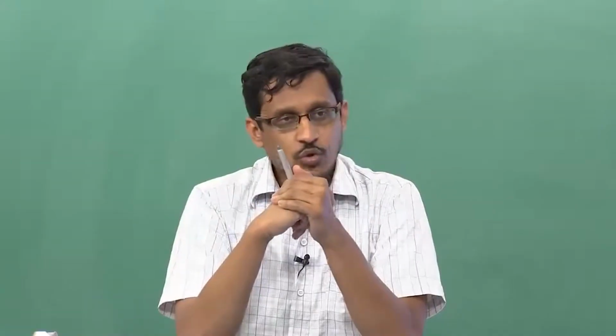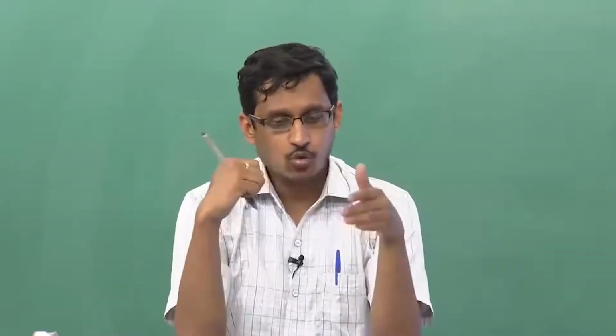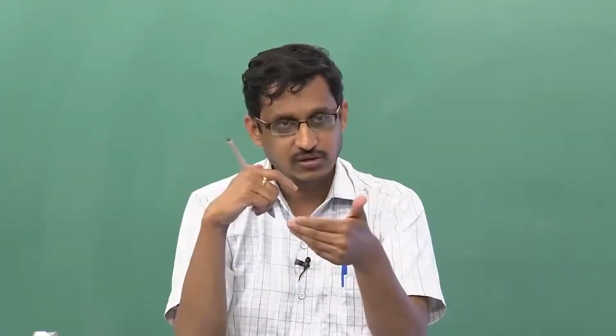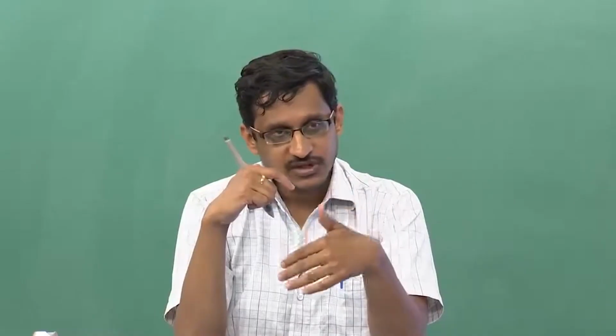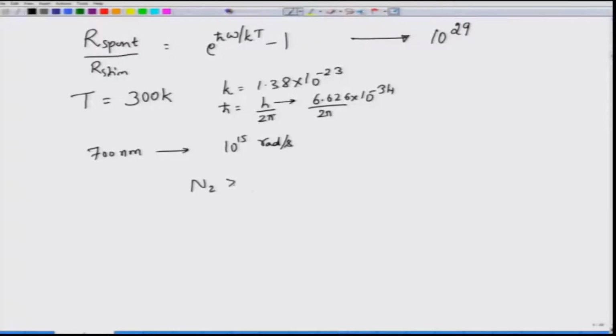If you want the stimulated emission to dominate, you want to invert this relationship, so that the stimulated emission becomes larger. Stimulated emission can become larger once N2 becomes larger than N1. When N2 becomes larger than N1, one can actually have stimulated emission dominating the spontaneous emission.